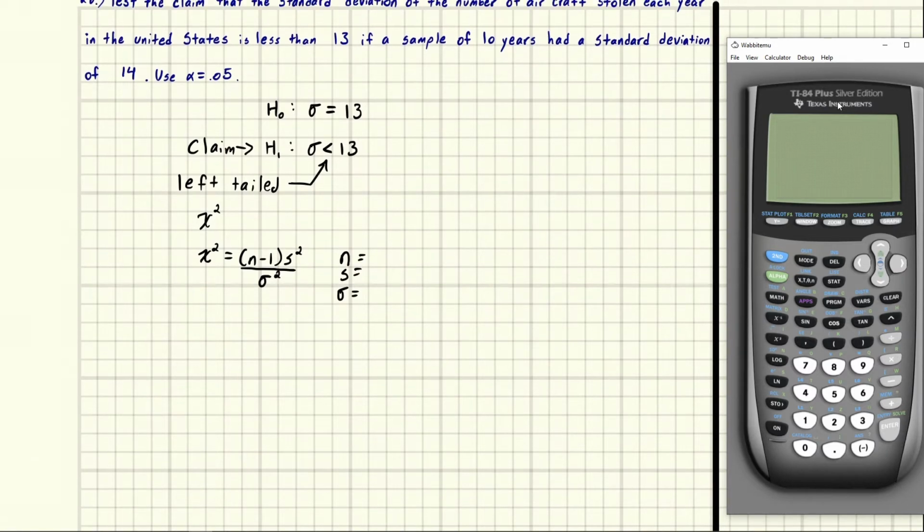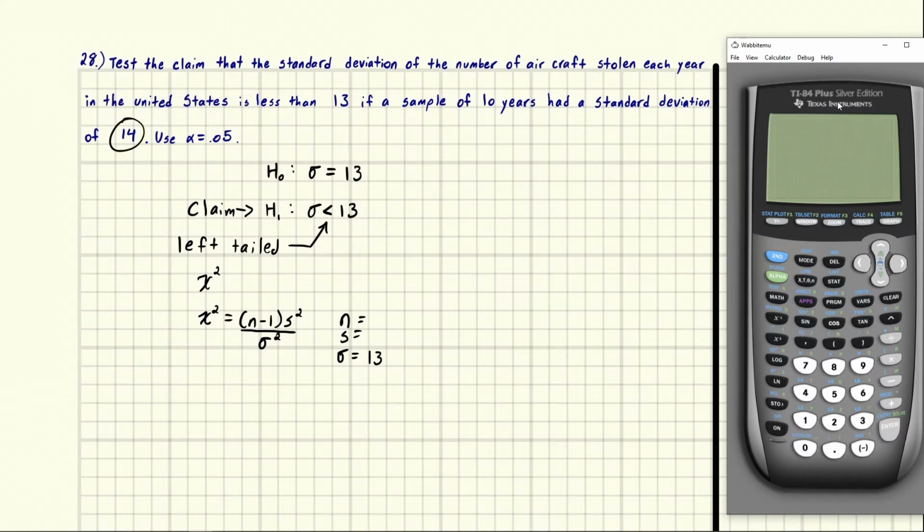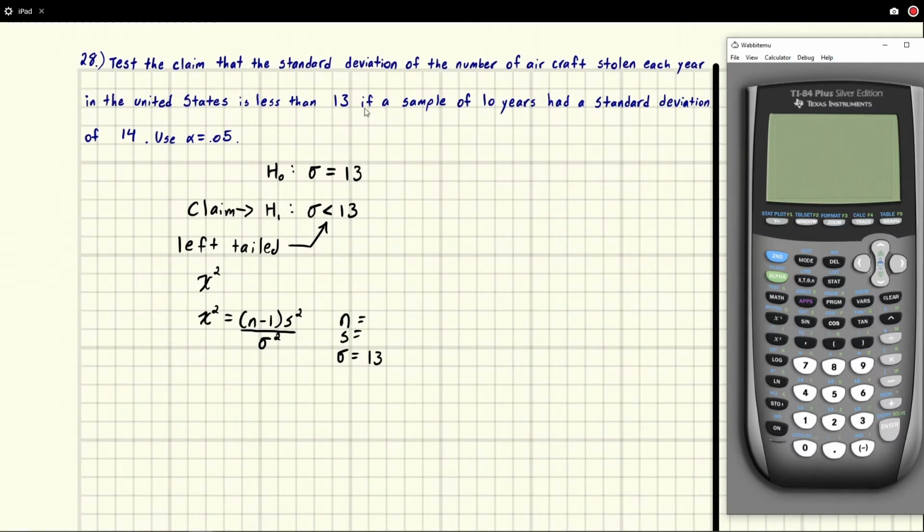So right here, we're going to run off of our null hypothesis, and it says that it's 13, so that is our sigma. Our sample standard deviation comes from the sample we did, and that turned out to be 14. It says that if a sample of 10 years had a standard deviation of 14, that came from our study, so that's going to be 14. And the n is the number of samples. So we had a sample of 10 years, so n is equal to 10.